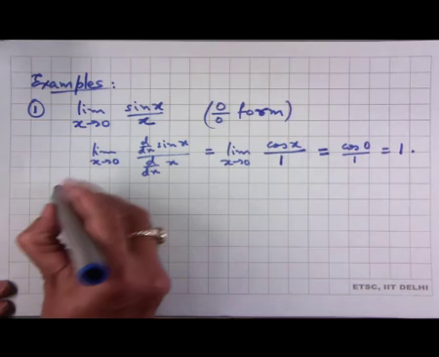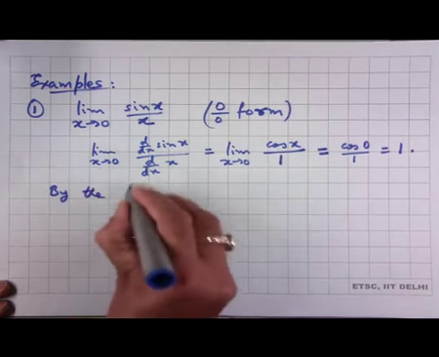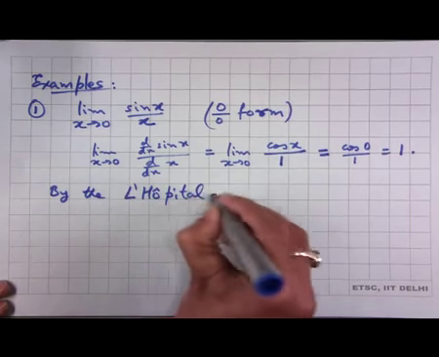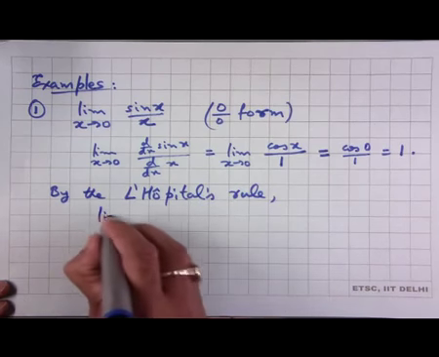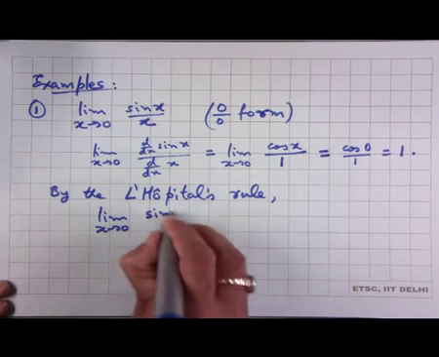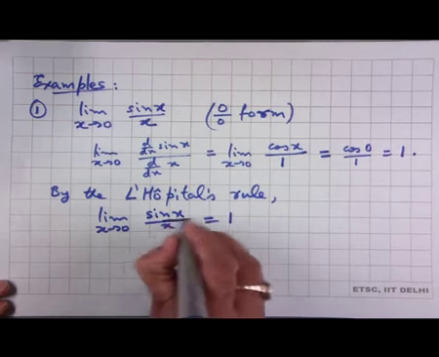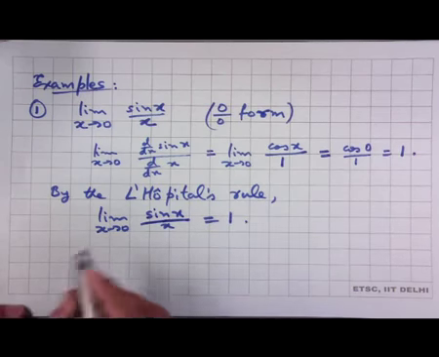So, by the L'Hopital rule, the limit as x goes to 0 of sin x by x is equal to 1, which we have calculated directly.